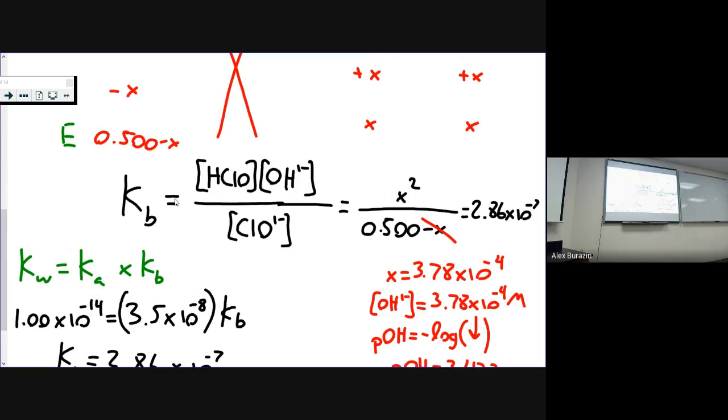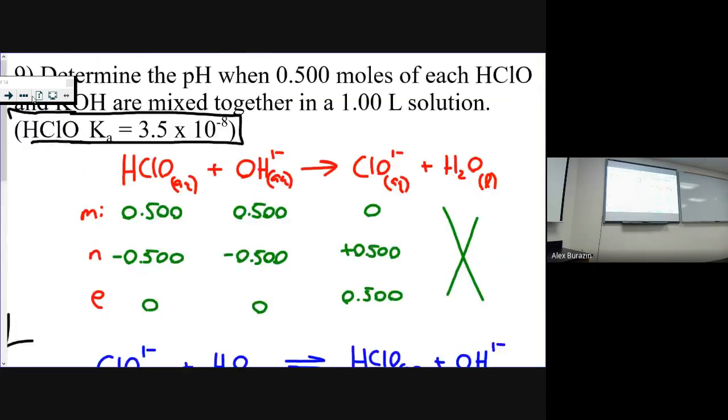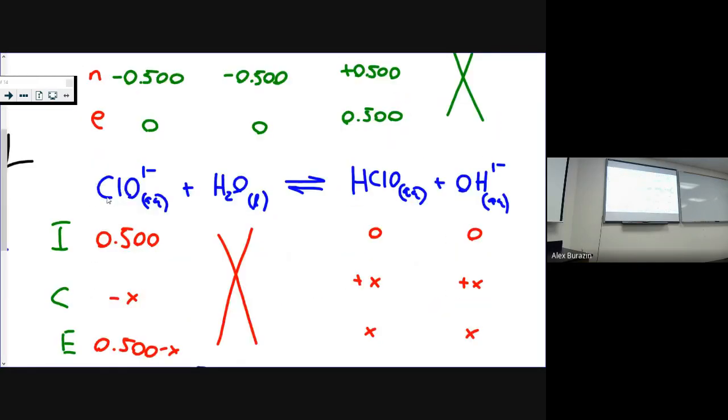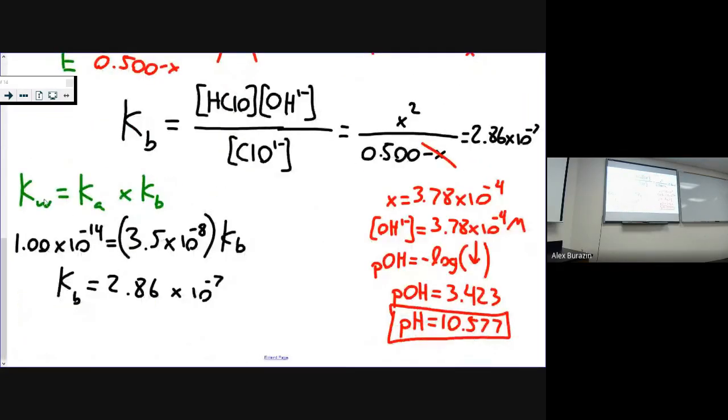But then we needed the correct value of Kb to set this equal to. In the problem, they gave us Ka. That's for the acid. We don't have the acid HClO. We have its conjugate base, ClO minus. So we need to convert our Ka into Kb using this equation: Kw equals Ka times Kb.